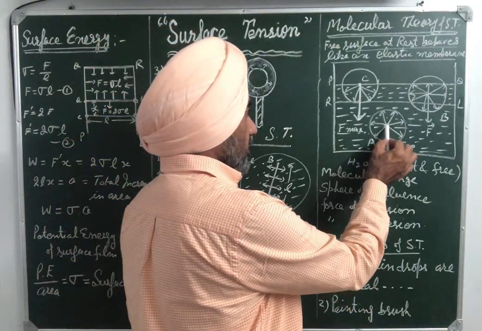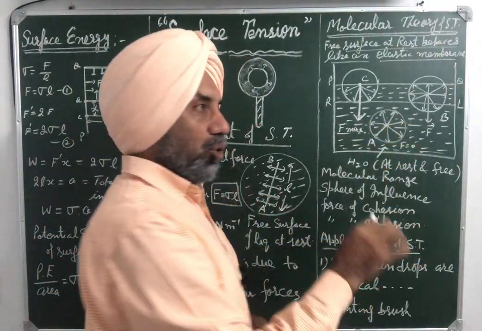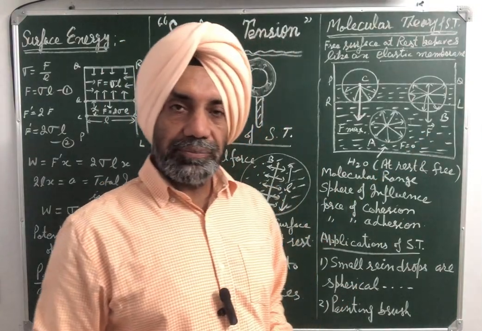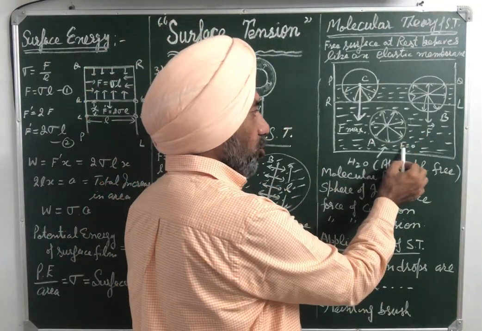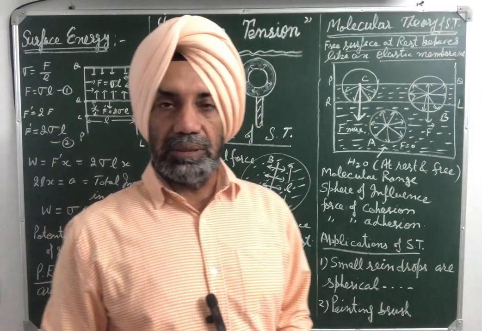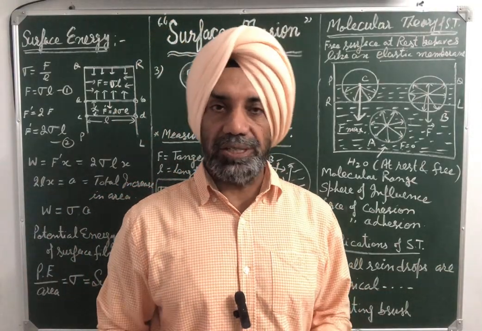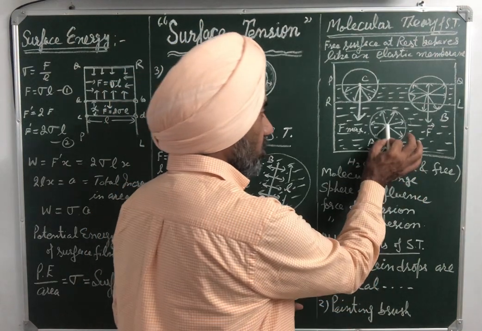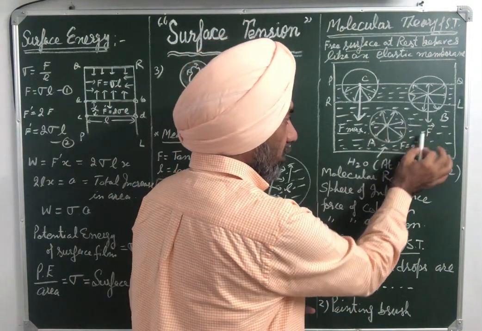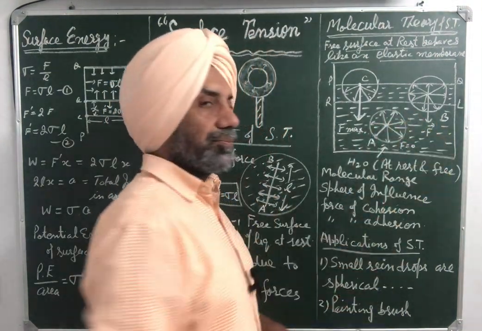Now, this molecule A is free to move within the liquid volume because it experiences no net force, as it is attracted equally in all directions. So no net force is acting upon molecule A, and all other such molecules will lie well within the liquid.